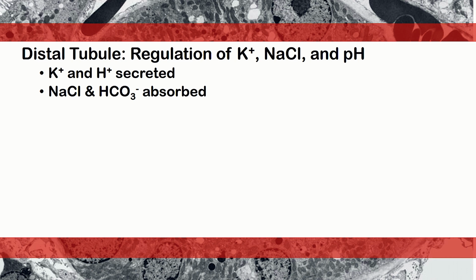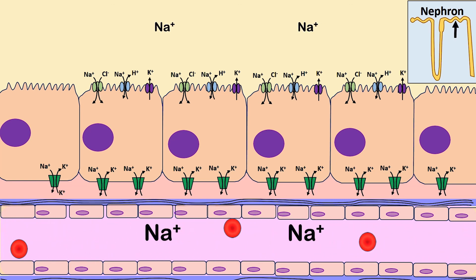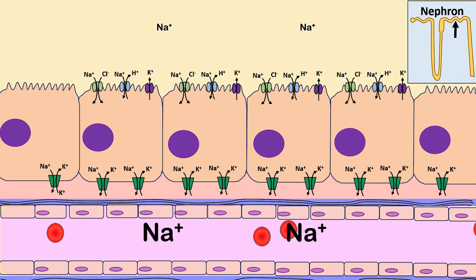The distal tubule will be responsible for the regulation of potassium in the body. It will be responsible for the resorption of some amount of sodium and chloride, and will be responsible for the regulation of pH. In this case, potassium and hydrogen ions are secreted from the body solution into the filtrate. At the same time, sodium and chloride and bicarbonate ions are then absorbed from the filtrate back into the body.